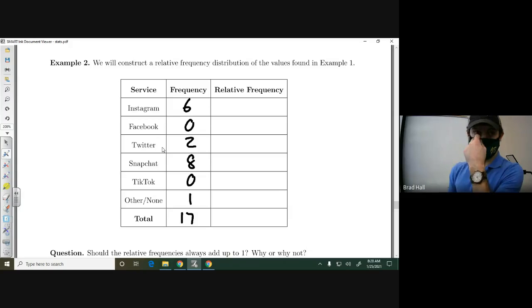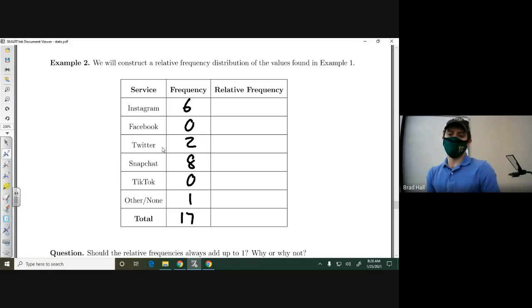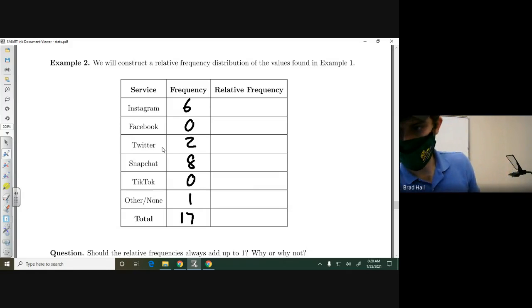The relative frequency will tell us the proportion of each one of these. So what percentage of respondents gave that as an answer? So the relative frequency, simply enough, the first one would be 6 divided by 17.